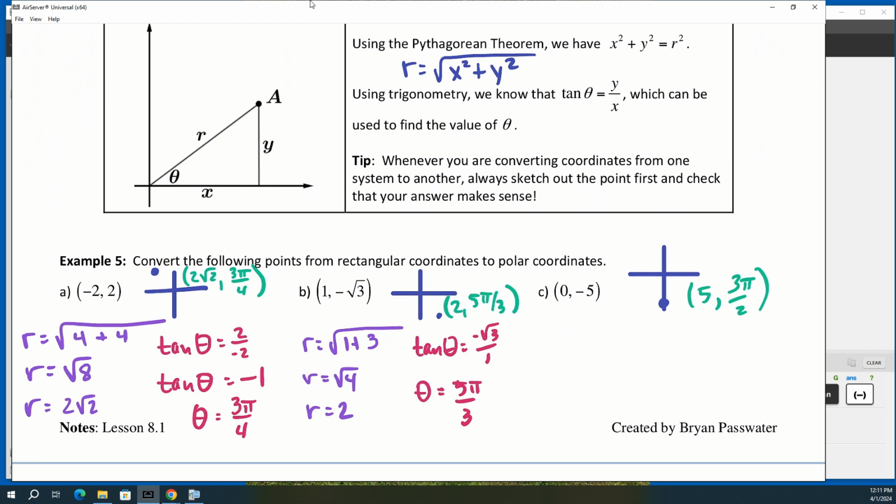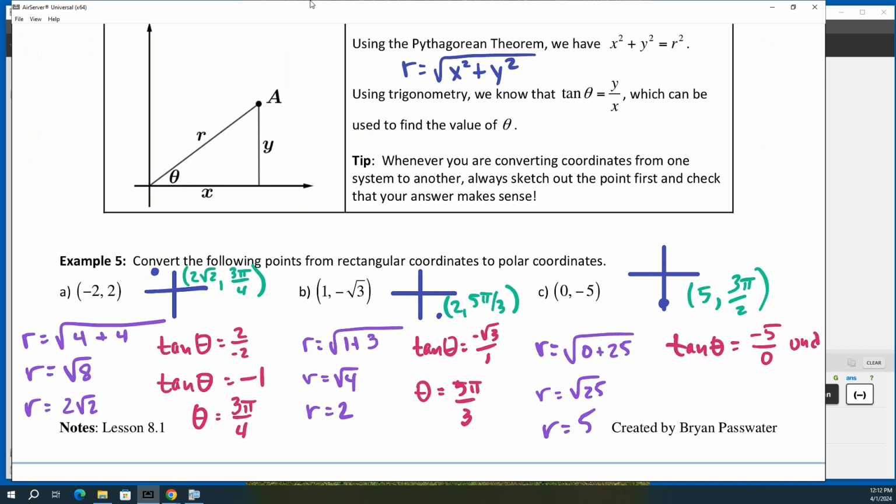If you wanted to practice doing all the things again, r is equal to the square root of 0 squared plus -5 squared. So r is 5, like we already knew it was. And then the tangent of theta is equal to y over x, which is undefined.